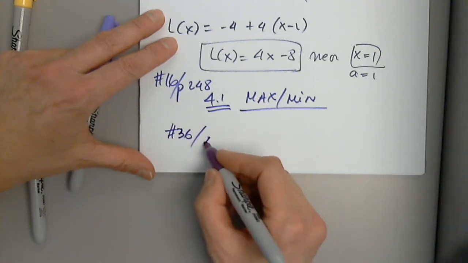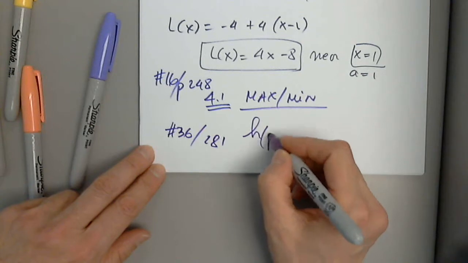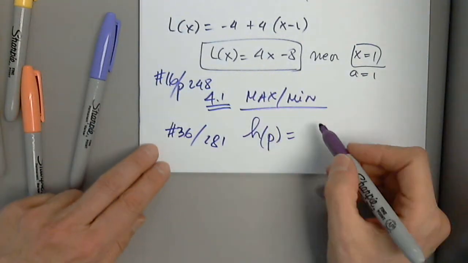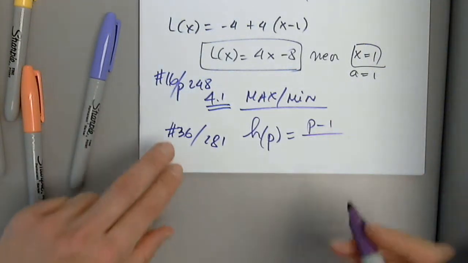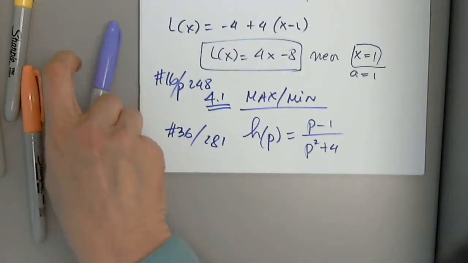36, 281, and we have a problem in which we are given h of p, function h, the independent variable p, p minus 1 divided by p squared plus 4. The requirement here is find the critical numbers of the function. I will add another requirement, but let's find the critical numbers.